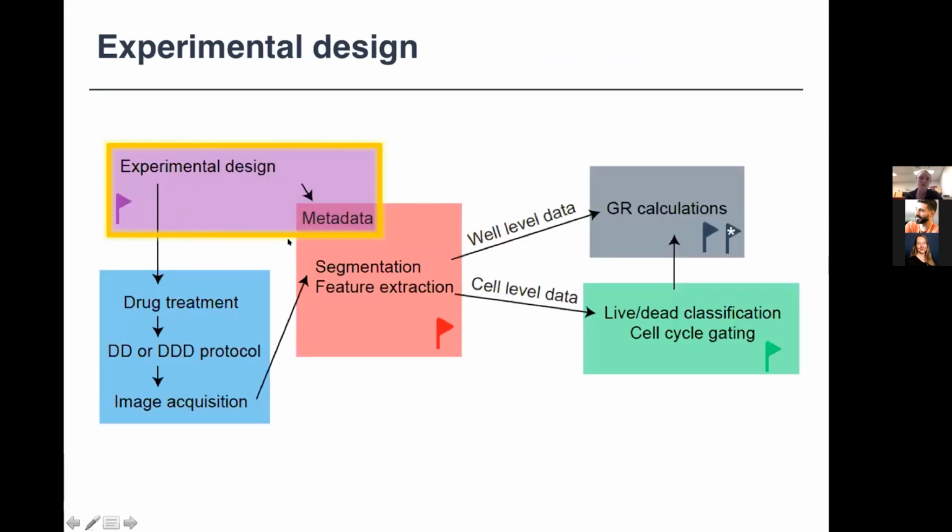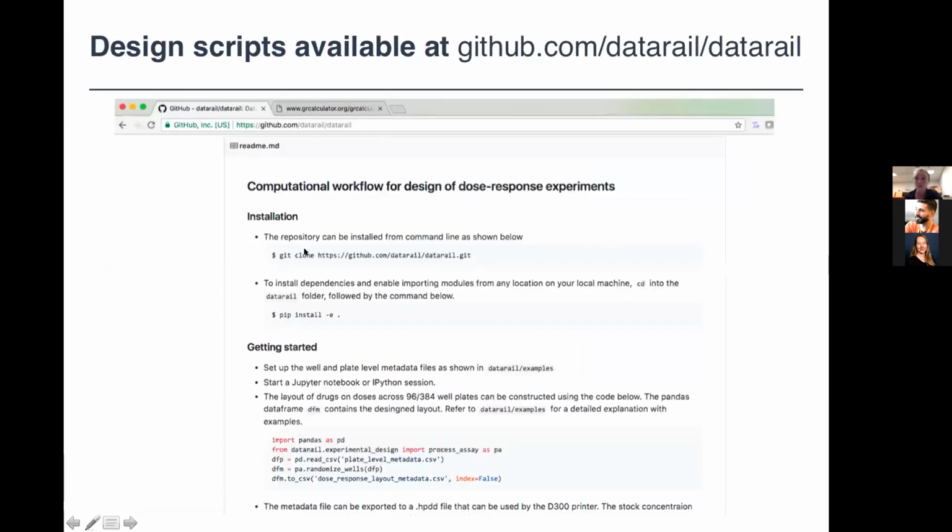Okay, so in terms of experimental design, we have computational tools available. I've put the GitHub address up at the top, where all of these tools are available. They're all written in Jupyter notebooks.